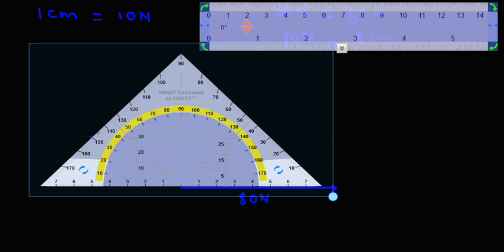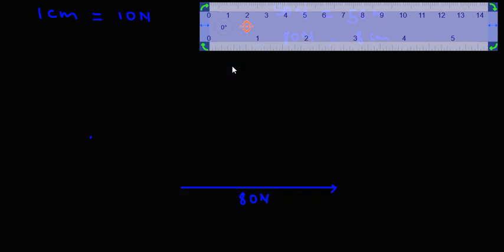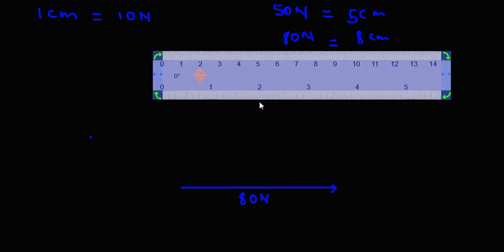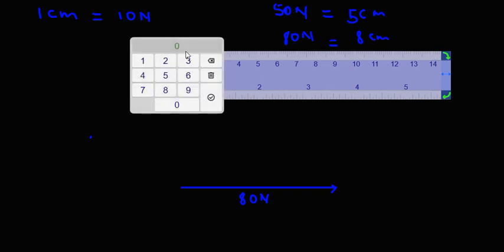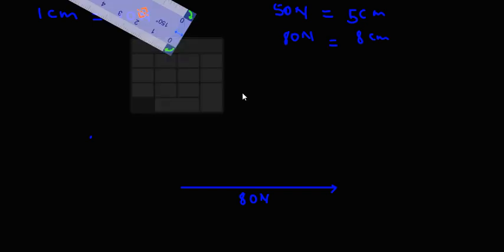Once I have a dot, I can remove the protractor, and from there I'm just going to use this one, and let me sort of cheat and type the angle there, 150, so that I get the 30.